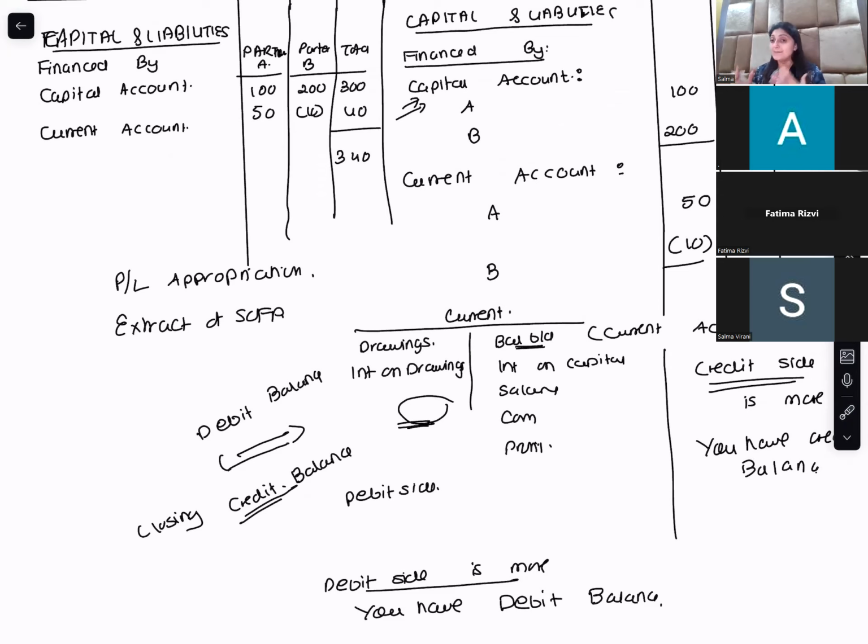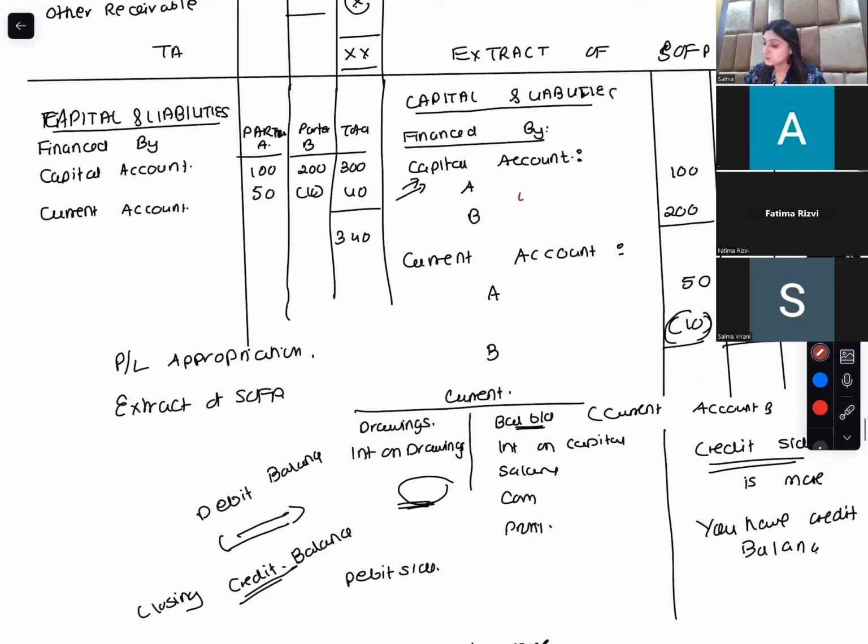So capital account usual balance is a credit balance. This is the Bible rule. What is the Bible rule? Capital account will always have credit balance. But the current account can have a credit or a debit balance.